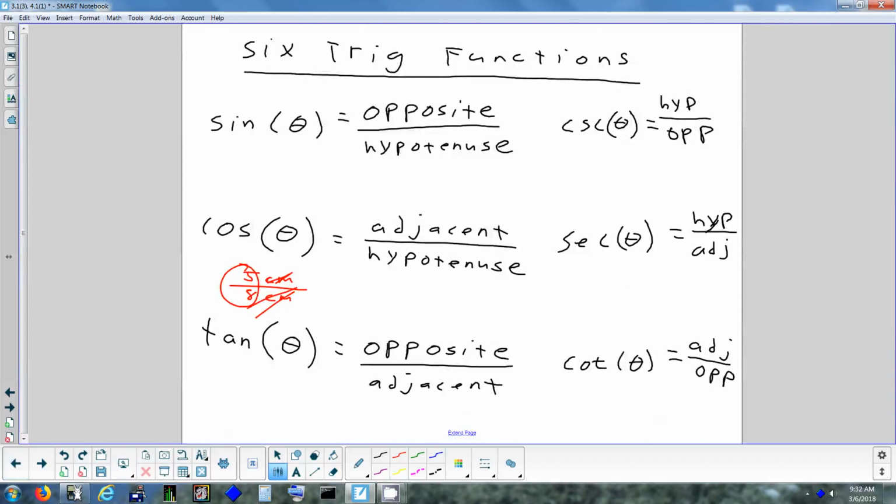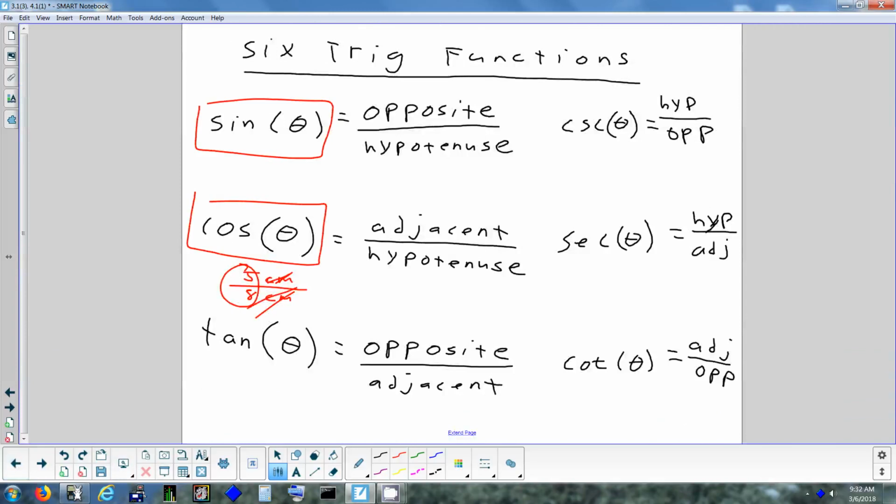So if I said to you sine, what do you think the cofunction would be? Cosine. Sine, cosine. What if I said secant? What do you think the cofunction of secant would be? Cosecant.